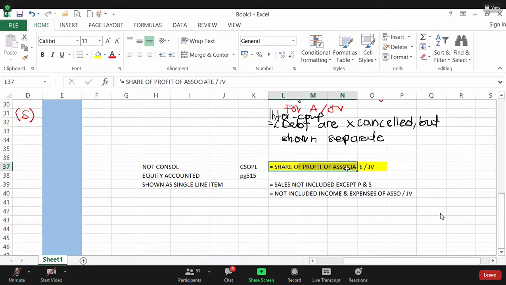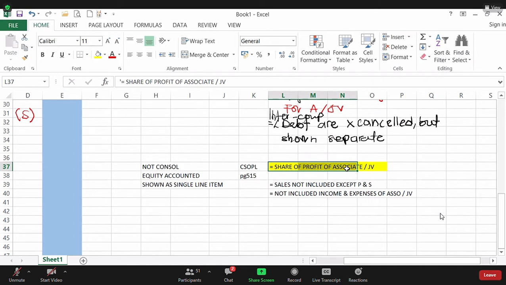can we go to example 4, everyone? Just a quick reading. You have 3 columns, right? And then H is the parent, S is the subsidiary, A is the associate. Now, can we go to the answer on page 517?